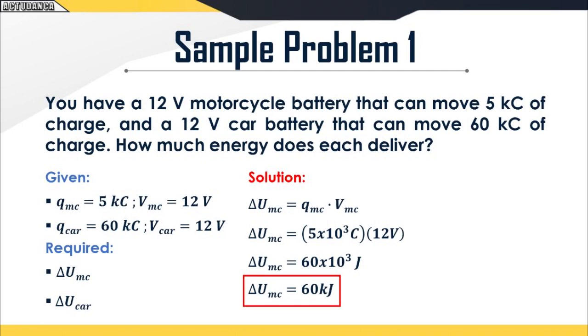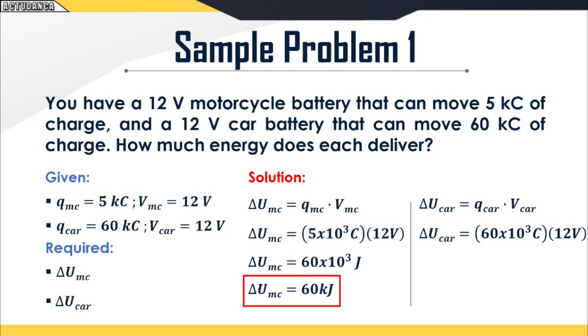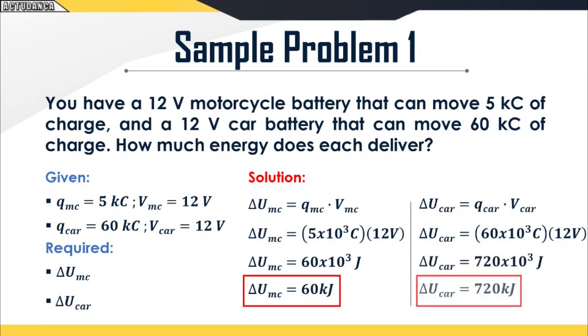So para naman sa ating car battery, we still have the same formula. Substituting the value of the 60 times 10 raised to 3 coulomb multiplied by the same 12 voltage, we have a 720 kilojoules energy. With this, ano ang ating observation sa nakuha nating mga sagot? What can we conclude?